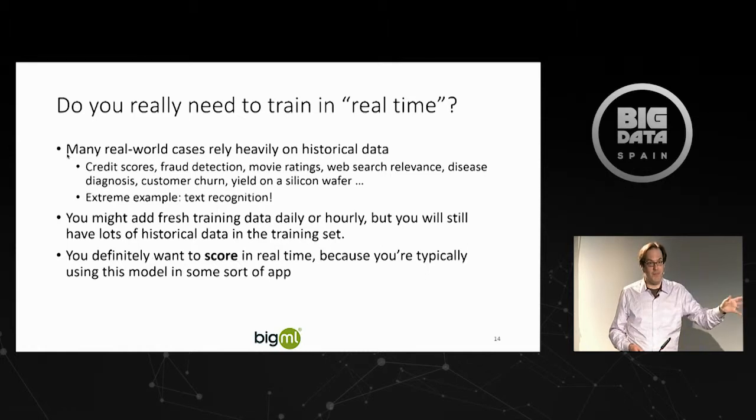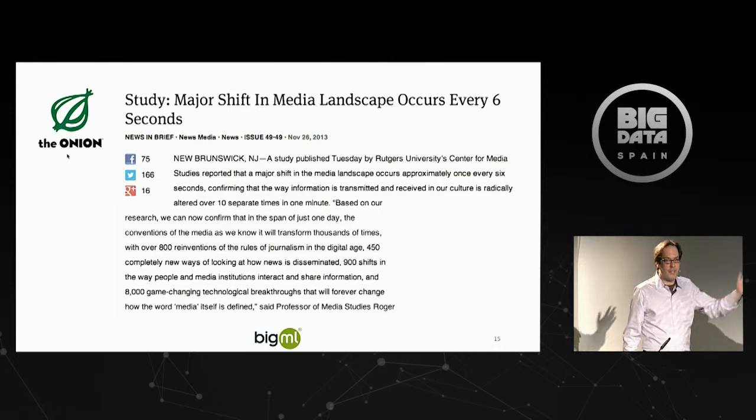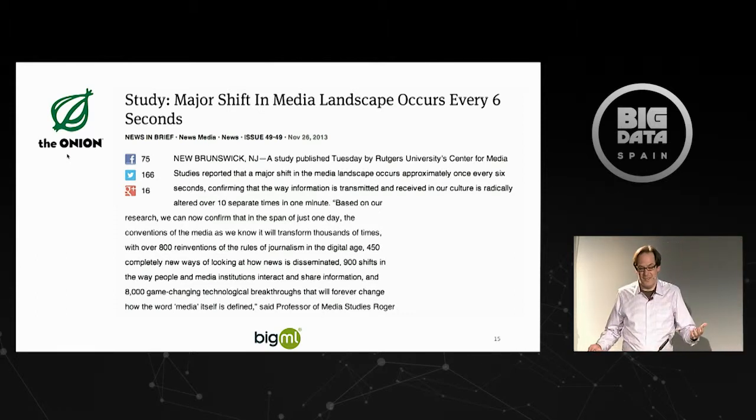That you want to have happen immediately. And so this kind of sums up the idea here. You know, there is not a major shift in the media landscape every 6 seconds. You're building up a training set over time so you can draw the best rectangles you can for whatever you're trying to predict.